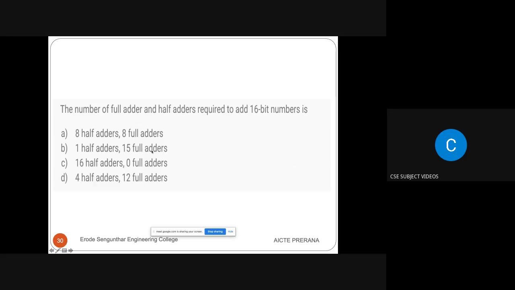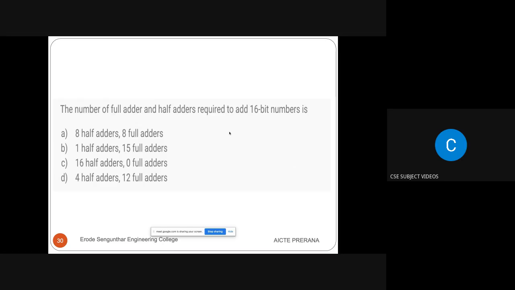For adding the LSB of the 16-bit number, it is enough to use a half adder, and the bits before that LSB have to be added with full adders, because the LSB produces a carry, so that it can be considered as 3 inputs.